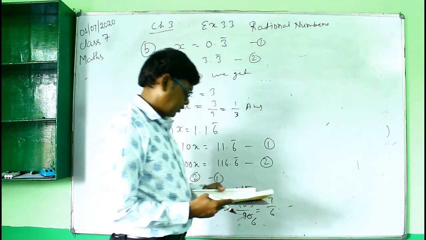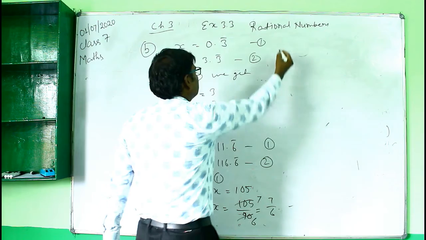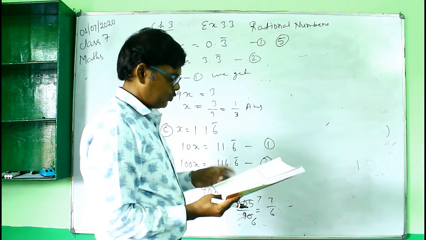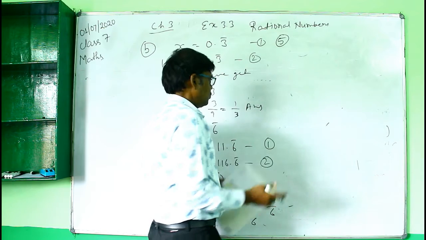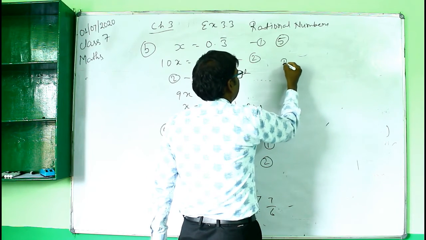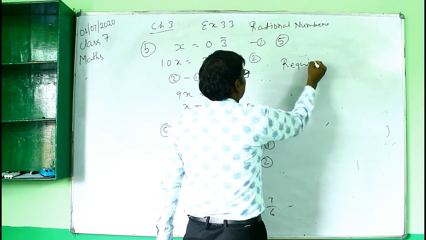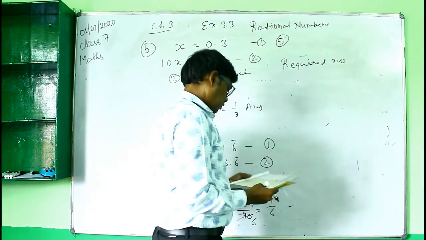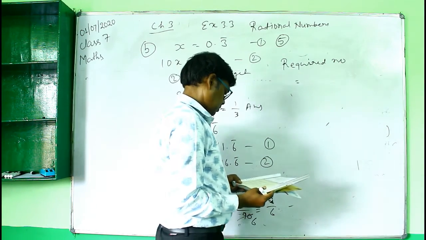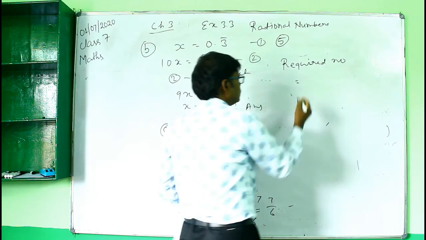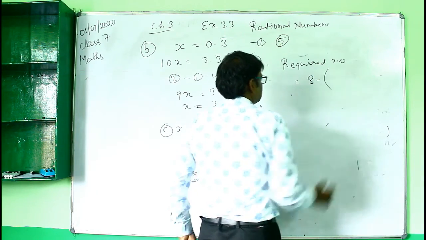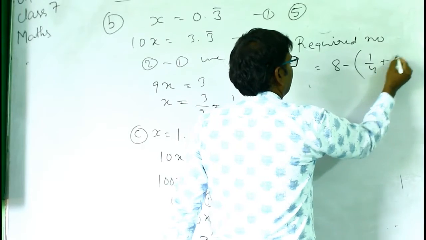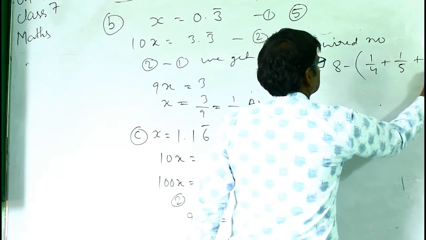And question number 5 now. In this, what should be added to this to get 8? So here the required number equals 8 minus 1 by 4 plus 1 by 5 plus 1 by 6.